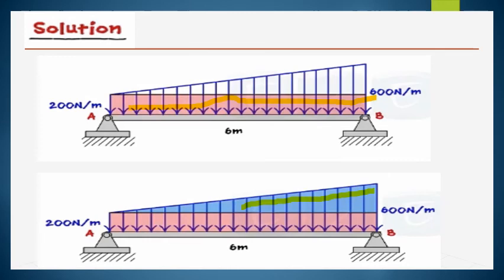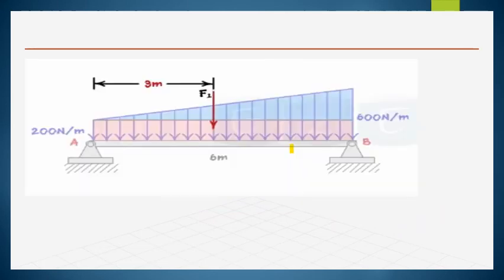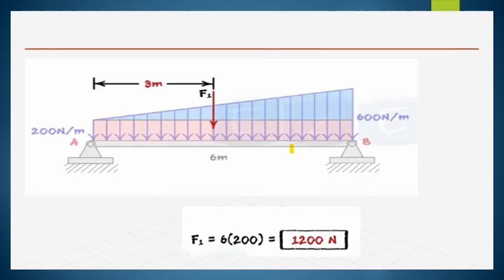So the rectangular loading has an intensity of 200 throughout. The triangular loading has intensity 0 at one end and, at the other end, 600 minus 200, that is 400 Newton per meter. The rectangular loading acts at the center. If we consider its total intensity as F1, that is the area of the rectangle, 6 into 200, 1200 Newton.